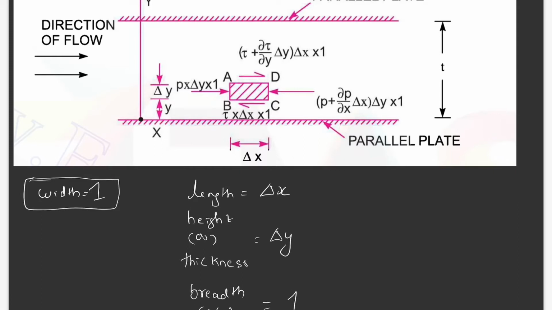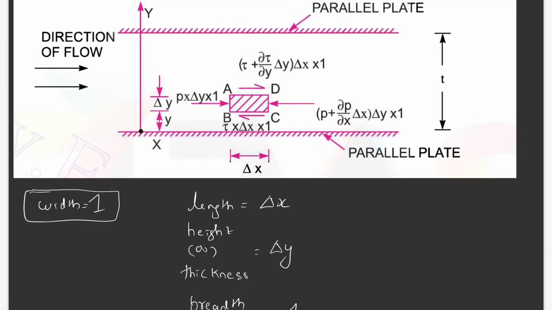And similarly here also, tau plus dou tau by dou y into delta y into delta x into 1. Why are these values coming? Dou p by dou x, dou tau by dou y, we've already seen that. If you have any doubt regarding that, comment in the video. I'll explain it to you again if needed.